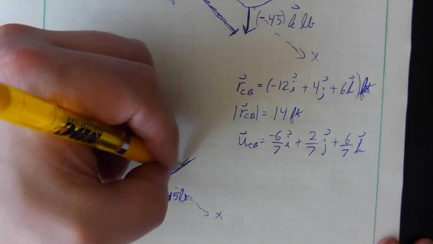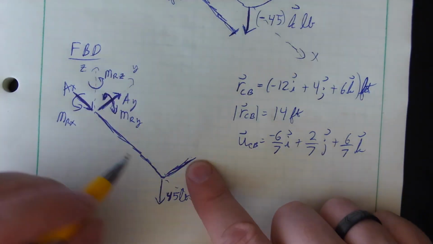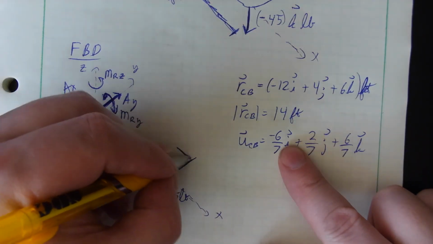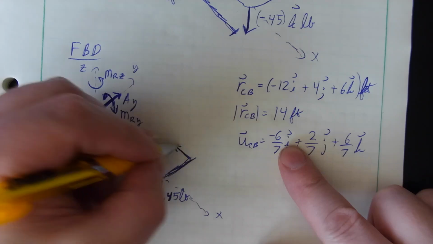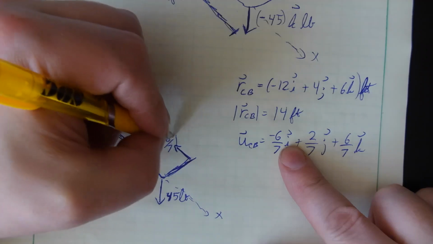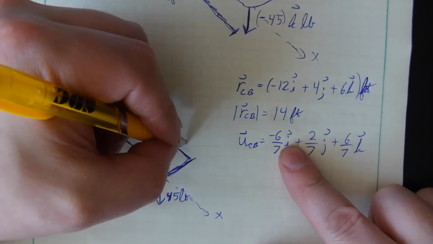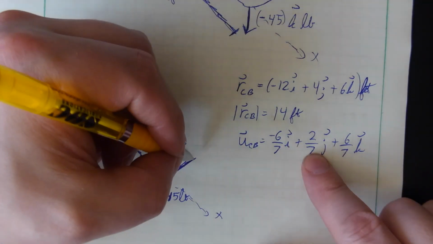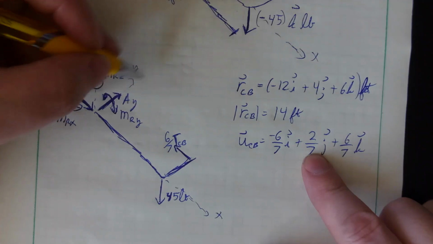And so when I apply my tension out here, I'm just going to draw it resolved in these components. I've got 6/7 in the negative x direction, so 6/7 TCB. And the positive y direction, so again that's this way.